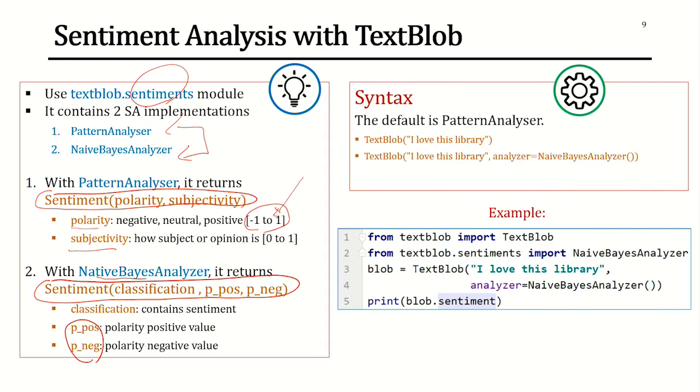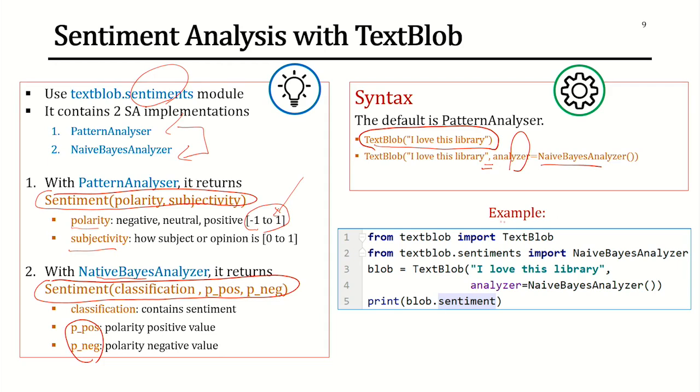So this is the syntax for using the sentiment analysis. We can create the TextBlob object using this default format. It will use the pattern analyzer. And if we want to specify the second implementation, we use the naive Bayes analyzer. We can specify a second parameter, which is analyzer, to use naive Bayes.